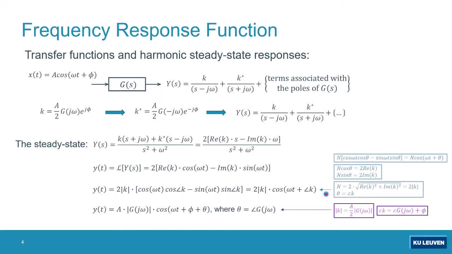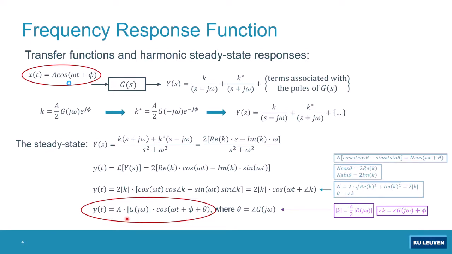What does it mean? This means if I have a system with a transfer function of G(s), and to this system I give this harmonic input where the amplitude is A and the frequency is omega t with any arbitrary phase difference of phi here, the response of this system due to this input will look like this. What is the special thing of this response?